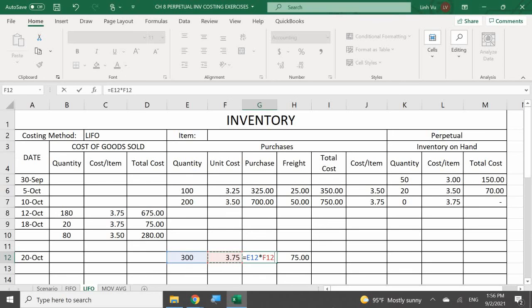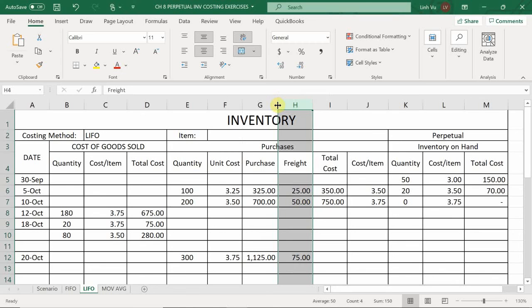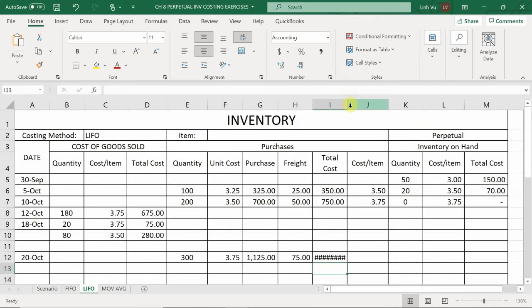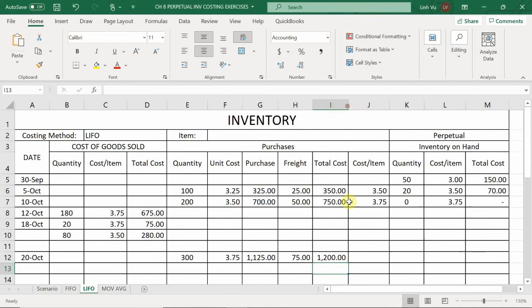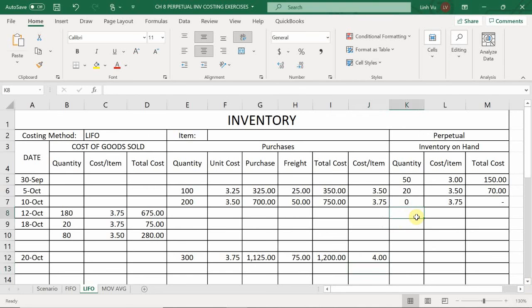So total purchase price is $1,125. And then our 75 freight gives us 1,200. And then our cost per item would be $4. Good. Carry that over.